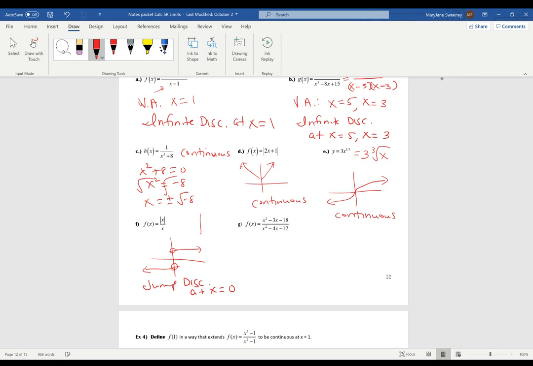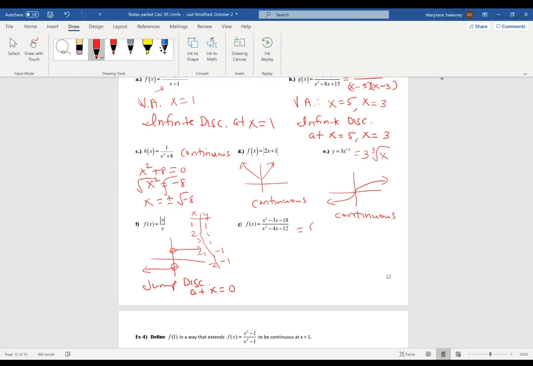If I put in 1 for x, I would have absolute value of 1 over 1, which would be 1 over 1, 1. If I put in 2, absolute value of 2 over 2, which is 2 over 2, 1. 3 would be 1. If I put in negative 1, I'm going to get negative 1. If I put in negative 2, I'm going to get negative 1, and so on. You could just figure out a table of values.